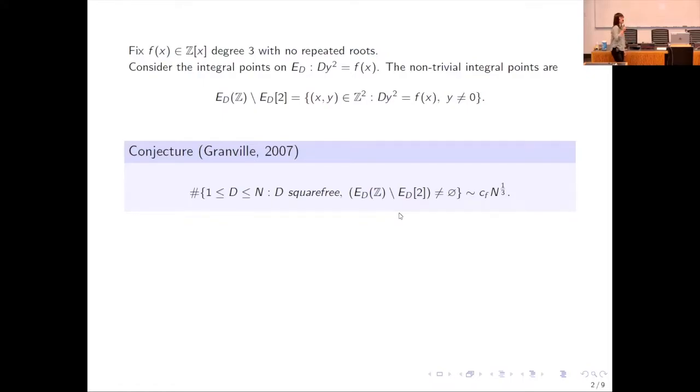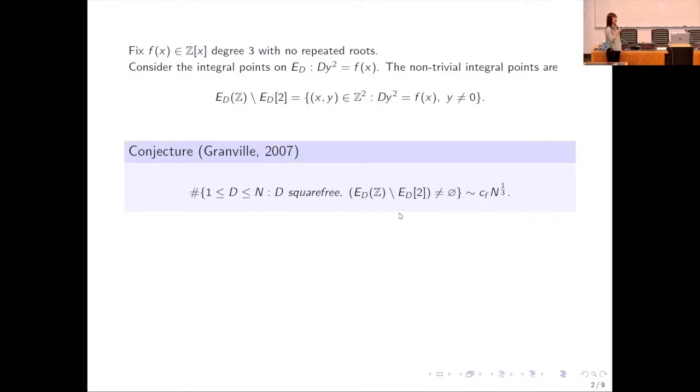But in the case when f of x has degree exactly 3, he hasn't proved that the ABC conjecture implies that zero density of twists has a non-trivial integral point.